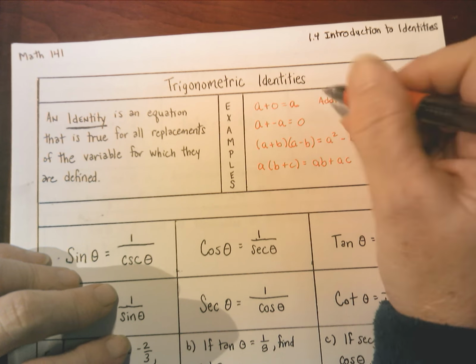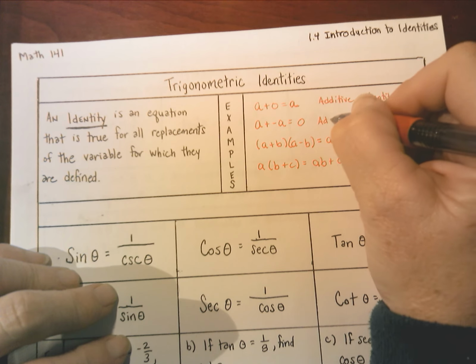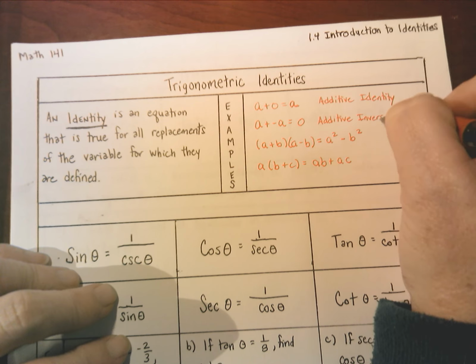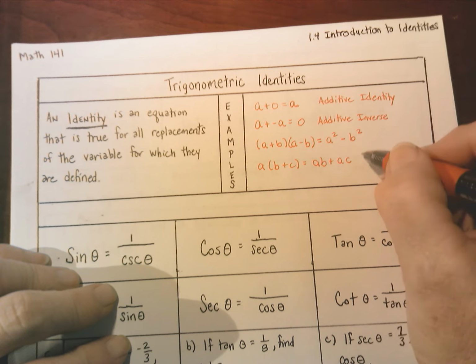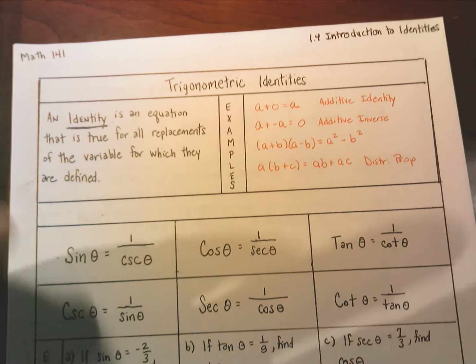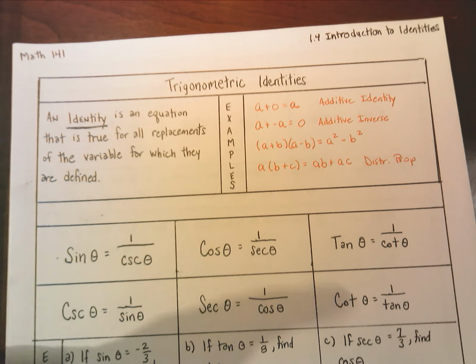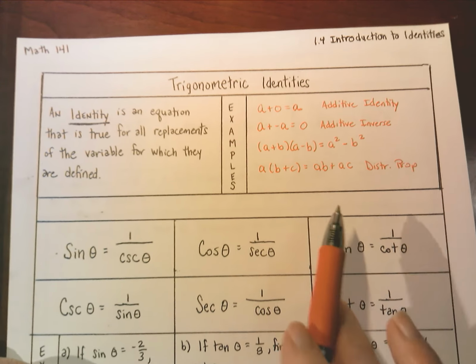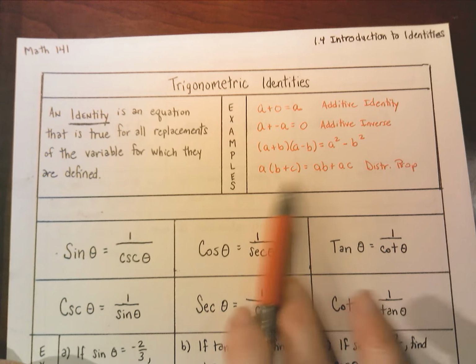This one would be the additive inverse. This one would be the distributive property. But those are all examples of identities because they're all true for every value, no matter what you replace a, b, and c with. These two sides will always be equal.